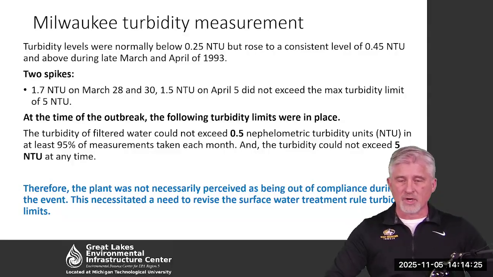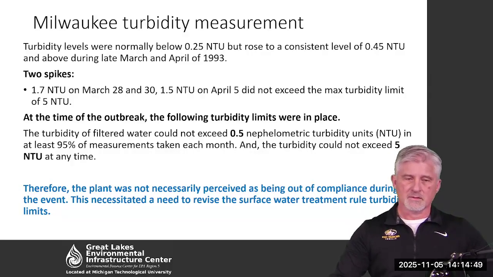So at the time of the outbreak, filtered water couldn't exceed a half an NTU in at least 95% of measurements each month, and they couldn't exceed 5 at any time. So throughout this whole thing, it didn't really appear as if they were out of compliance.